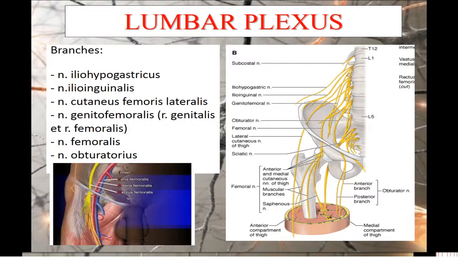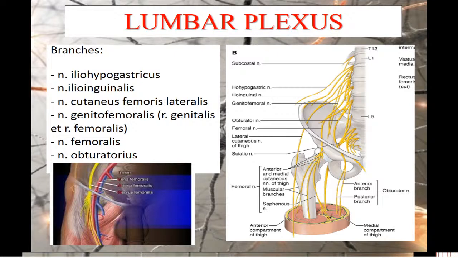In each of the muscular compartments of the upper limb or lower limb, we can find a proper neurovascular bundle, which is responsible for blood supply and nerve supply of muscles in that compartment and the overlying skin.